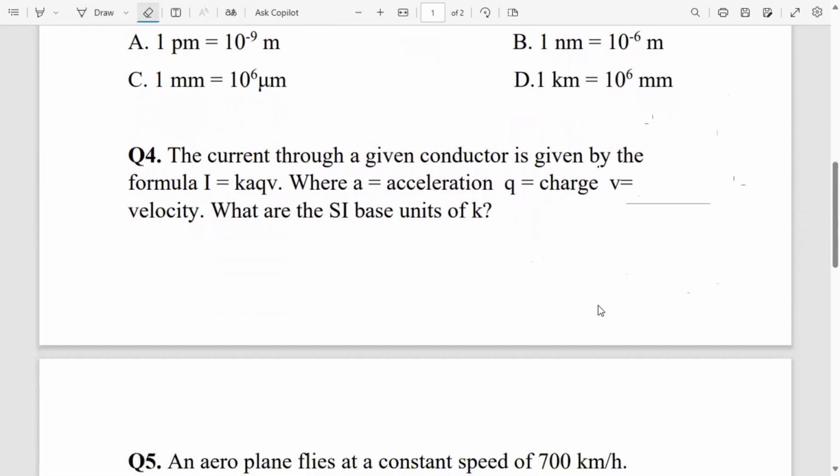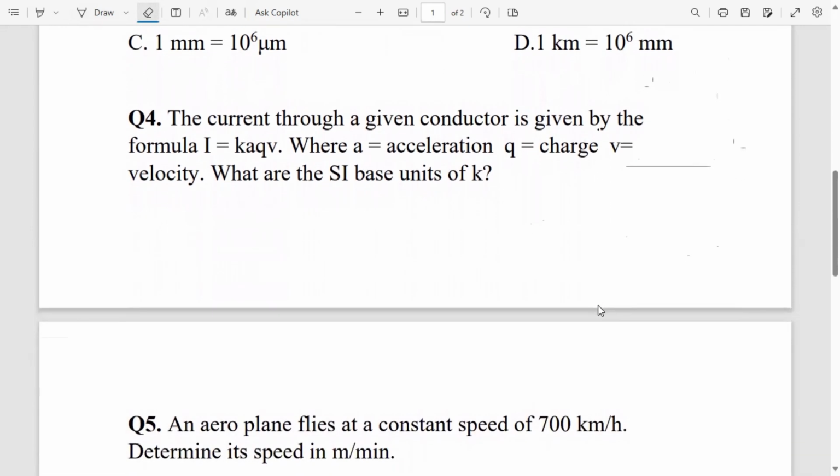Okay, so question 4 is saying the current through a given conductor is given by the formula I, for current, is equal to K A Q V, where A is acceleration, Q is the charge, and V is velocity. What are the SI base units of K?